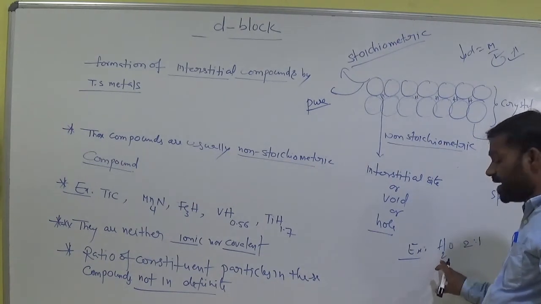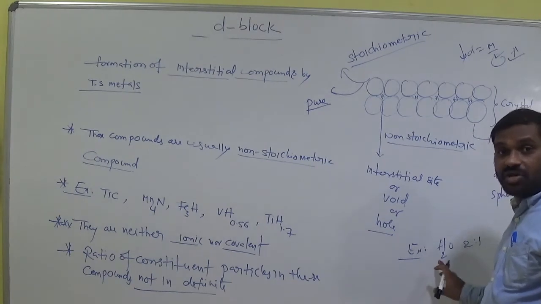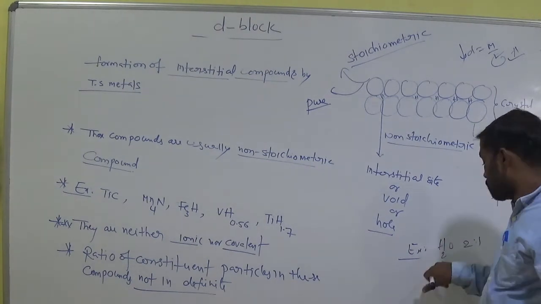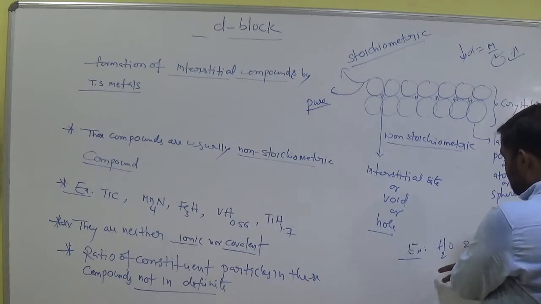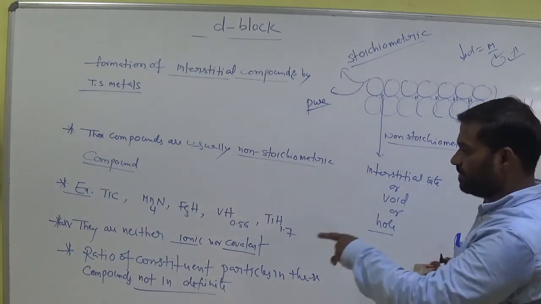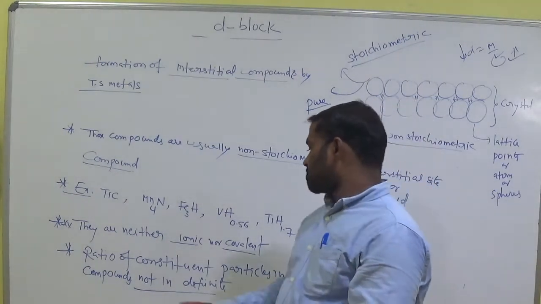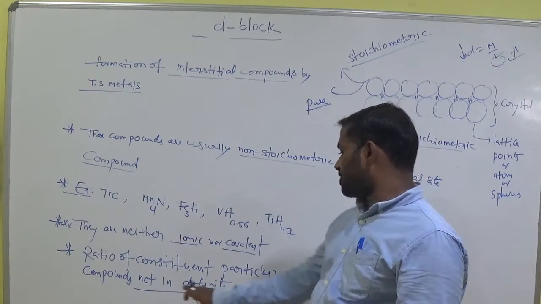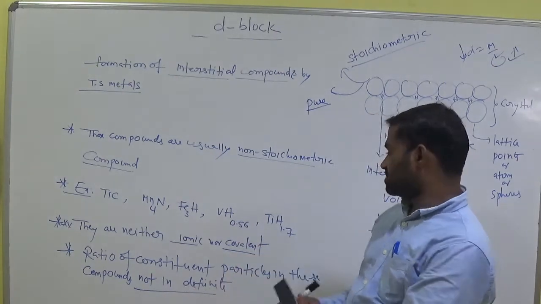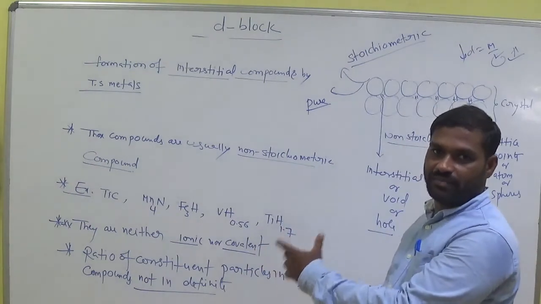But such a ratio is not fixed in the case of interstitial compounds. That is the meaning of this terminology. So it is 0.56 like that, not in correct proportion, not in a whole number ratio. Okay?